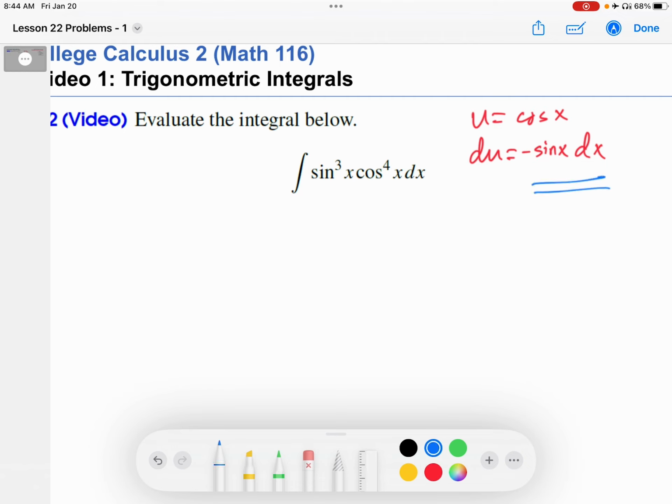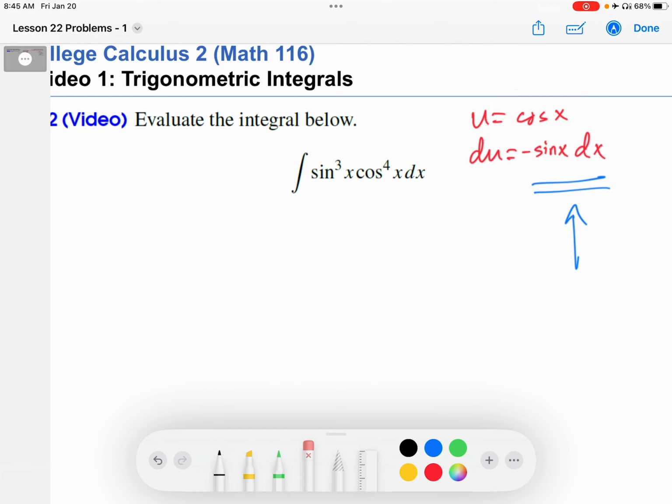The sine cubed here was the only impediment to what I just did. This term here was u to the fourth. That was fine. So it was really about the sine x being cubed. I want to somehow remove the cube from sine x and be left with just one factor of sine x. If I can accomplish that, then that would be the du. And if everything else in the integrand only involves cosine x, then that will be a bunch of u's, u squared, u cubed, whatever.